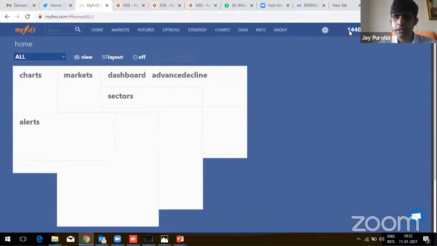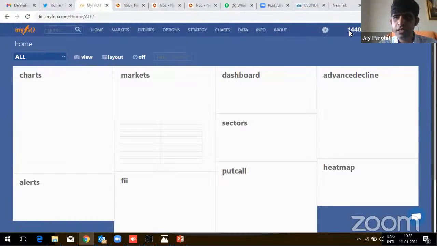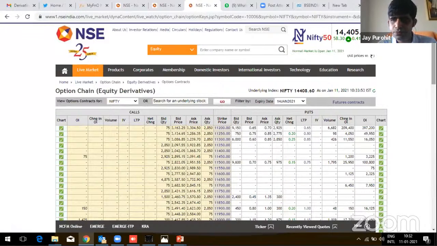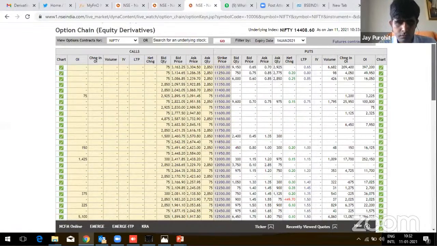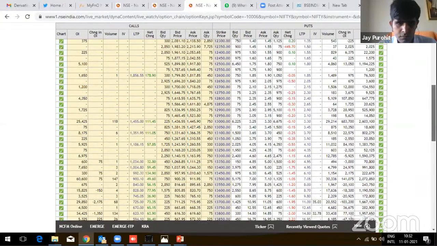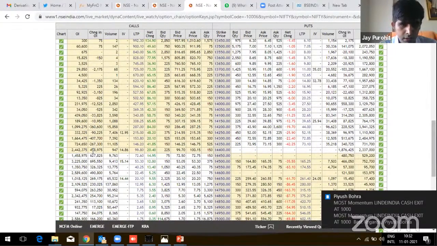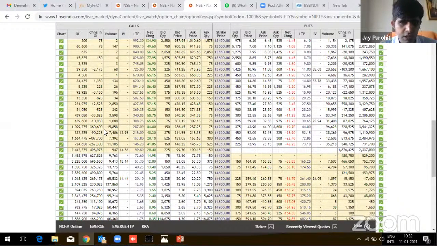Now if we look at some of the data, so if we look at the OI activity in Nifty right now, you can see that all these in the money call options are witnessing unwinding.